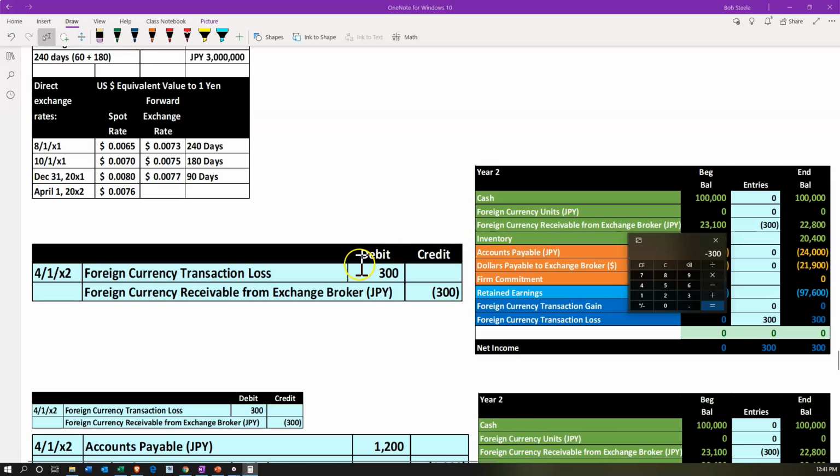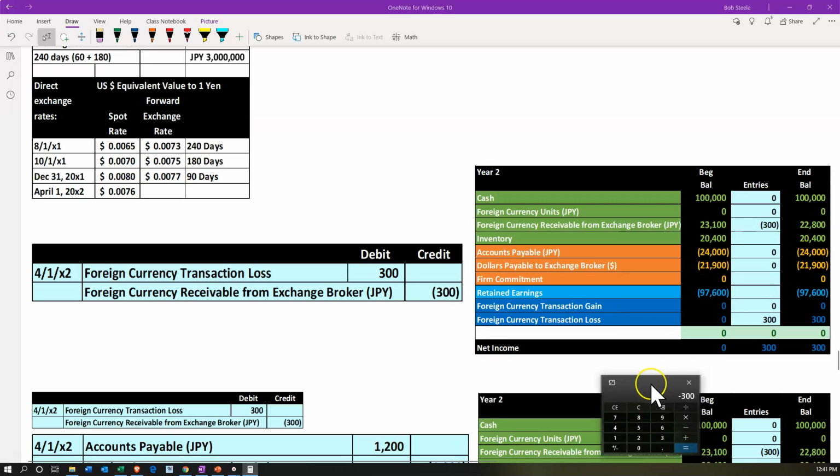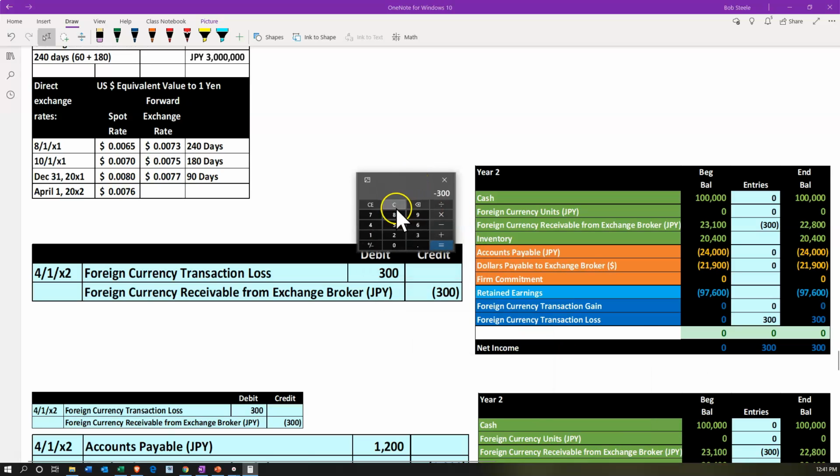So we're going to be debiting the loss and crediting the foreign currency receivable. If we see that posted out there, the loss is going to be down below in the income statement. The receivable is going to be up top. The receivable is now at 22,800, once again calculated as 3 million times 0.0076. We'll see that 22.8 multiple times now.